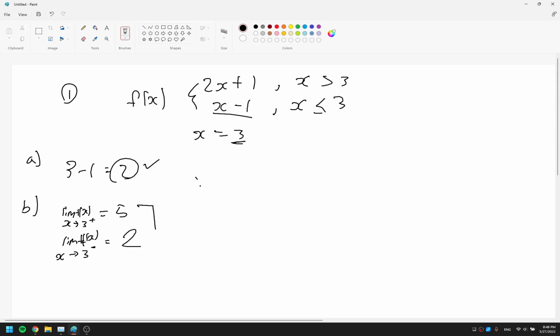As you can see, the approaches are not the same, so we write that the limit of f of x as x approaches 3 does not exist, because the limit of f of x as x approaches 3 from the left side does not equal the limit as x approaches 3 from the right side.